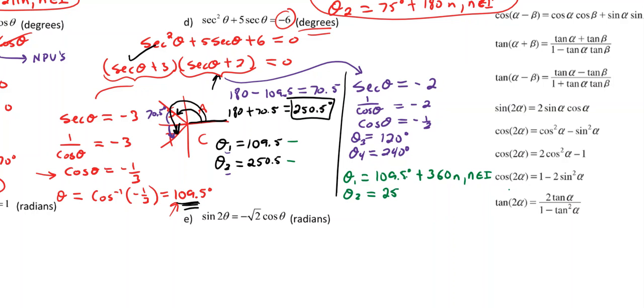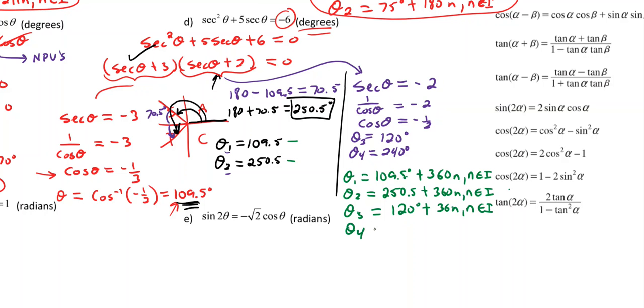Angle 2, our next one, is going to be 250.5 plus 360n, where n is a member of the integers. Angle 3 would be 120 degrees plus 360n, where n is a member of the integers.